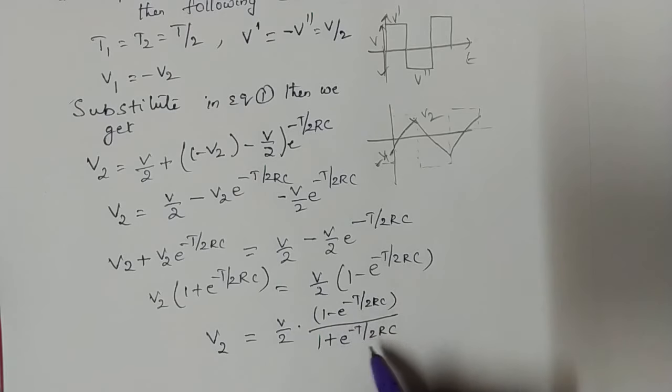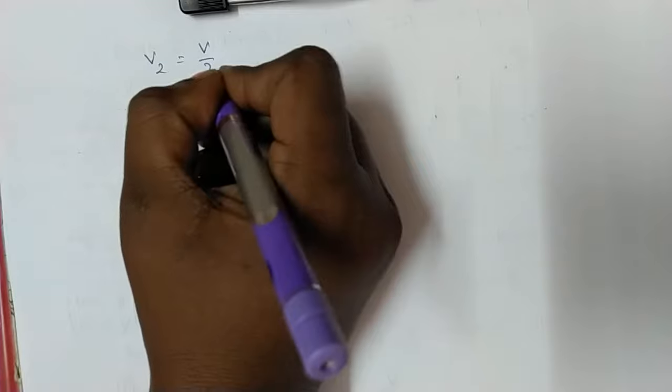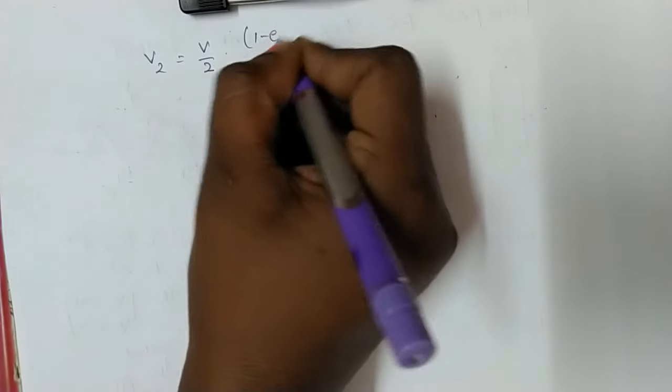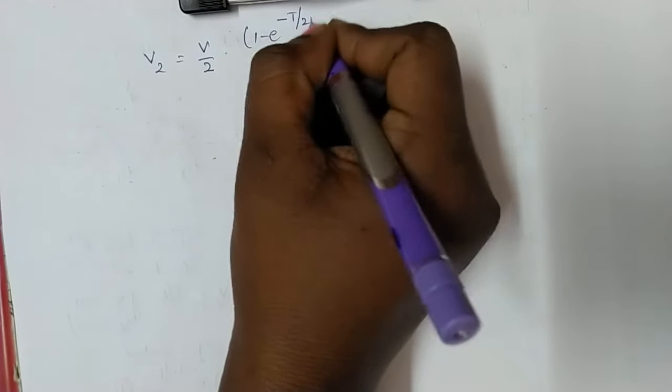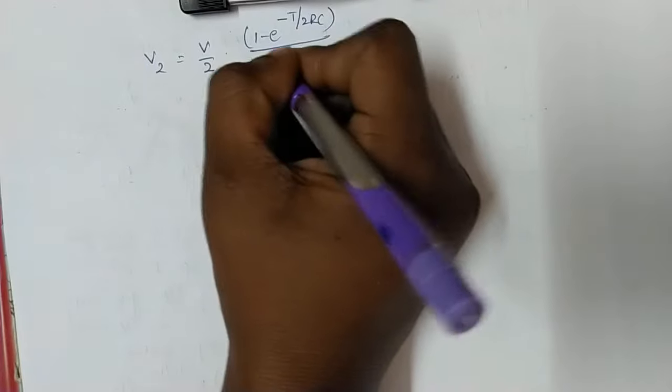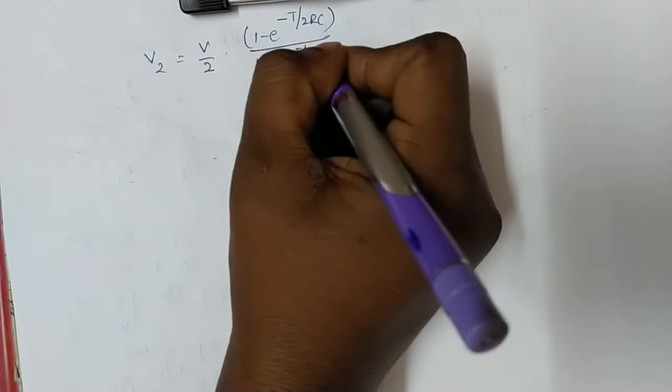You can simplify this term by multiplying the numerator and denominator by the term e power of t by 4 RC. So what do we get? The final value of v2 equal to v by 2 into 1 minus e power of minus t by 2 RC by 1 plus e power of minus t by 2 RC.